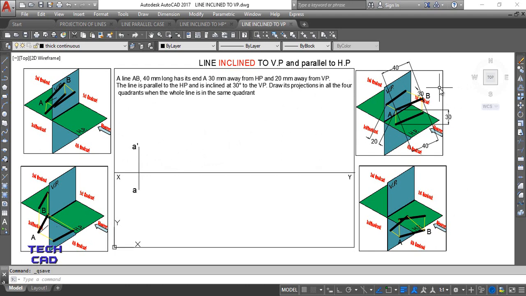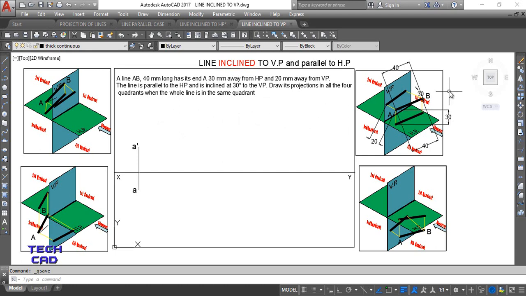But instead of that, the angle with VP is given, so you have to see from which view you will see the complete line.